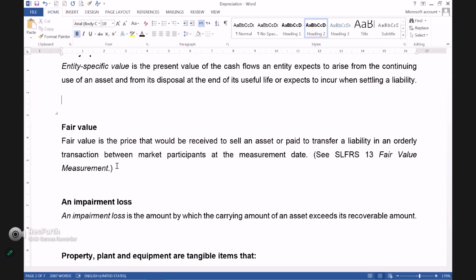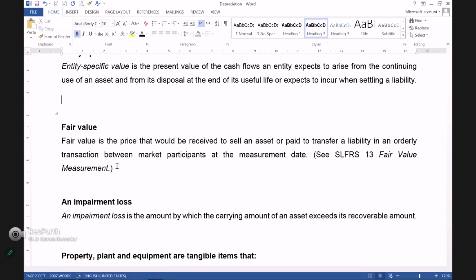After selling, you get the amount and you have to settle the liability. Sometimes when you purchase a machinery for cash or cash equivalent, you calculate the fair value too.